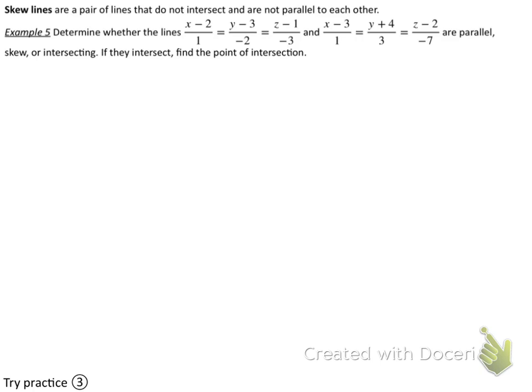So two lines are parallel if their direction vectors are multiples of each other.